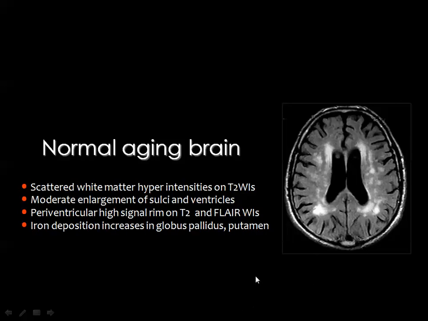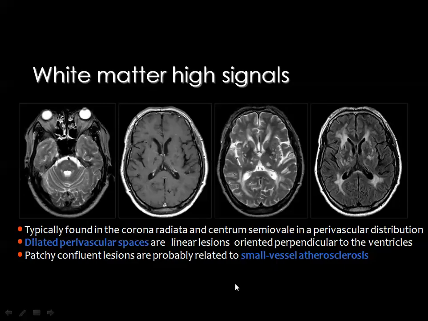As I have mentioned, these foci are not surrounded by edema, they do not exert any mass effect, and they usually show no diffusion restriction. In this age also there is increased iron deposition in the basal ganglia.